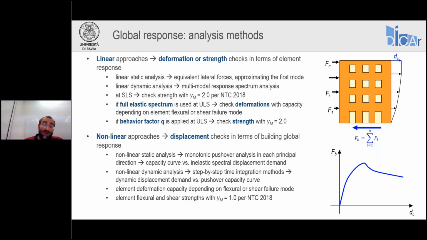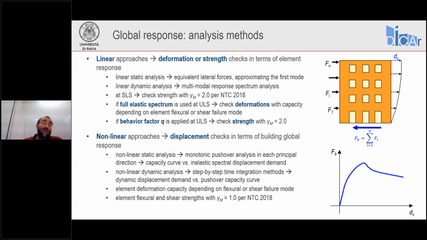If we perform nonlinear dynamic analysis, what is the difference? The difference is actually the calculation of the demand, because from the nonlinear dynamic analysis, we obtain directly from the analysis explicitly the displacement demand. And again, we can compare this displacement demand from the nonlinear dynamic analysis with the static capacity curve obtained from a pushover analysis. So the difference between the two methods is on how to calculate the displacement demand.